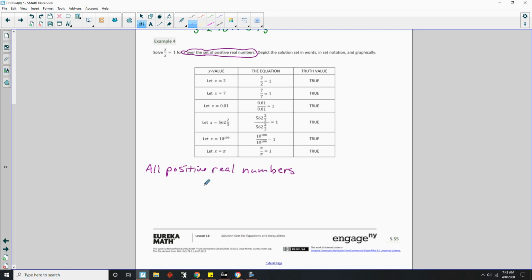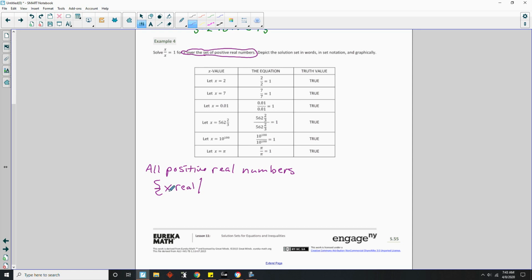Okay, in set notation. Okay, now this is how we would do this. We would say the set of all x that are real. And then there's this long line here, and we say the word such that when we put that there. So set notation, bracket, x, real.